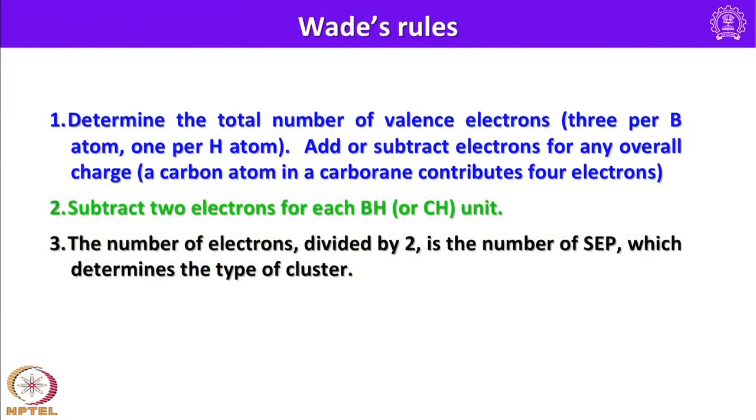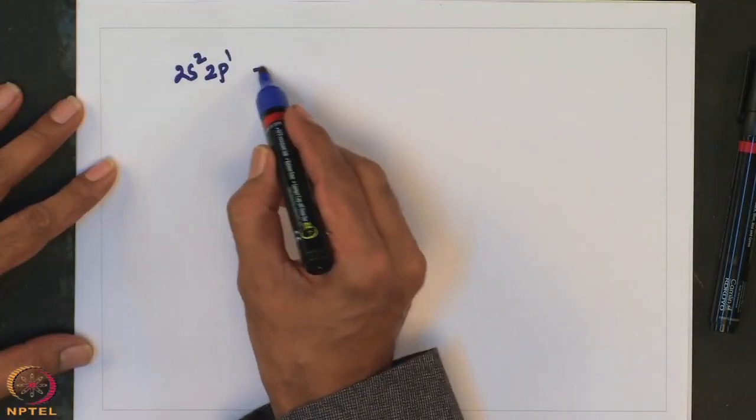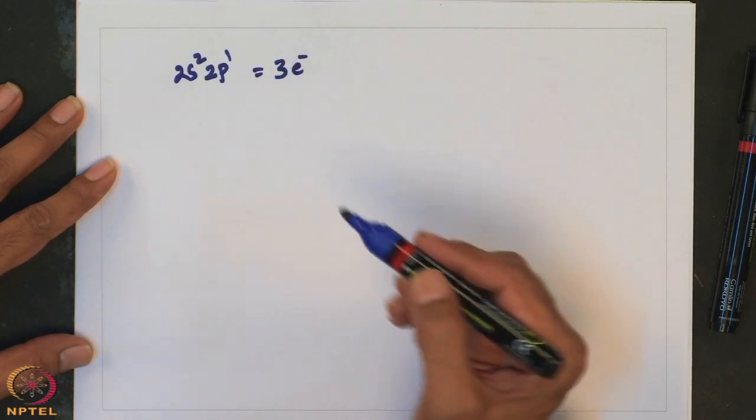First, what we should do is determine the total number of valence electrons present in a particular boron hydride. For example, we know that boron has 2s2 2p1 electronic configuration, so totally we have 3 electrons in its valence shell.